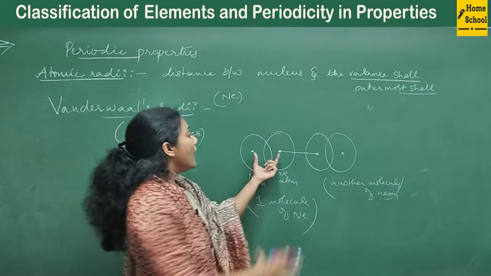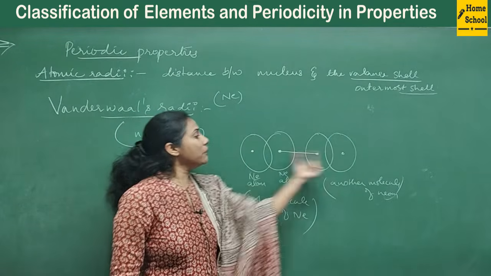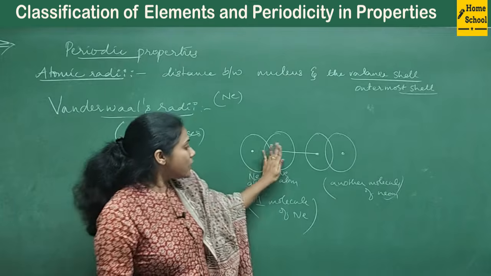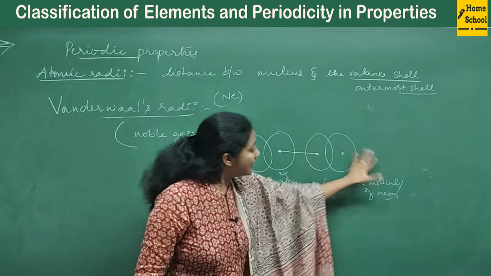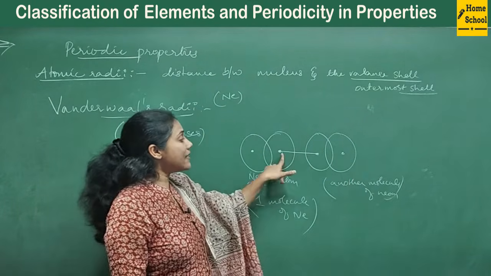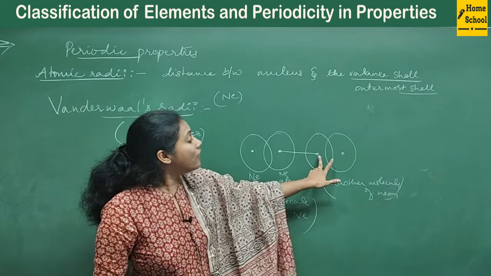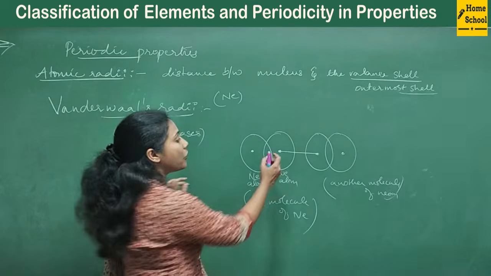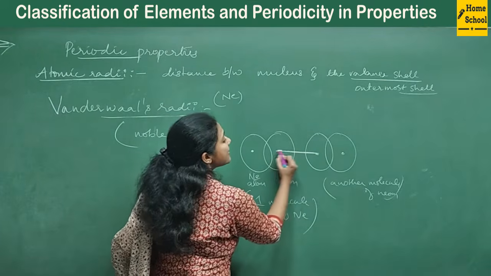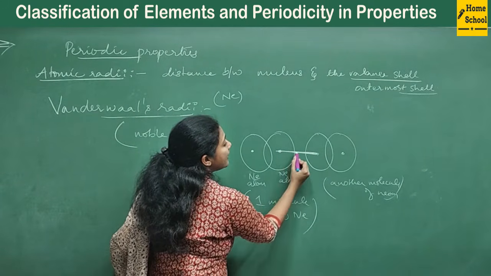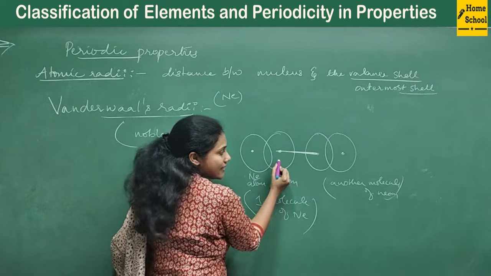I'm not talking about this distance, I'm not talking about this distance. This is one molecule, this is another separate molecule, but the distance between one atom of this molecule and one atom of this molecule is what we will call the internuclear distance.